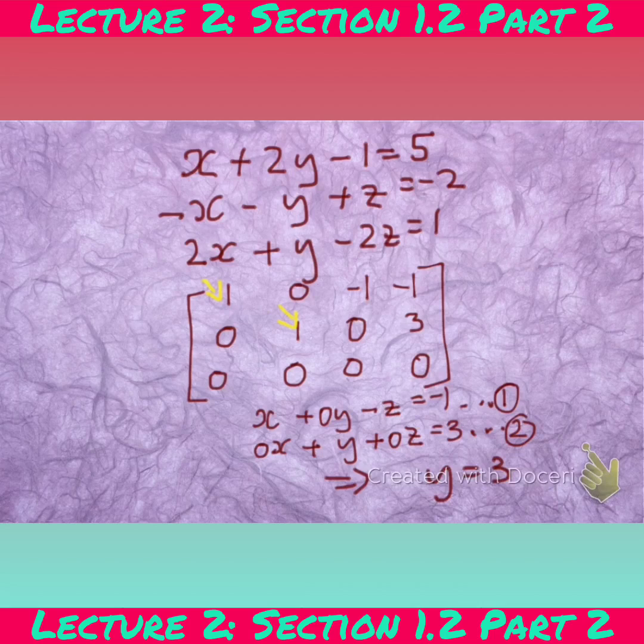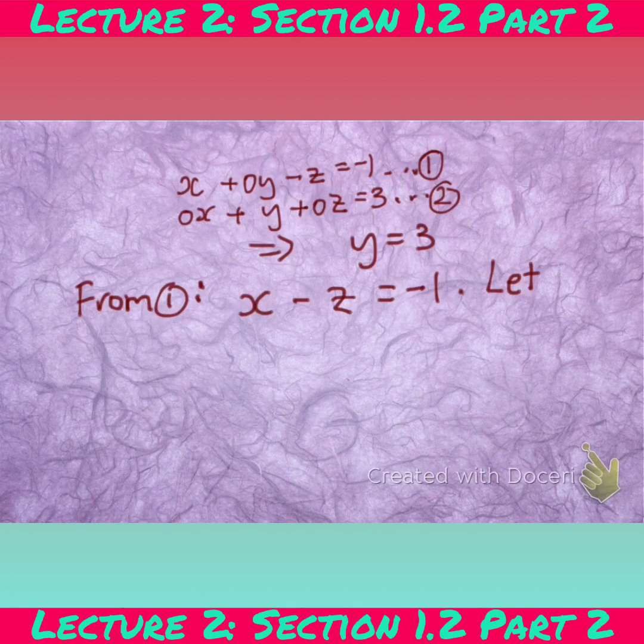With a free variable, we always assign a parameter, and then we solve the remaining variables in terms of that parameter, or parameters, depending on how many free variables you have in your system. So going back here, z in this case is my free variable. So we can let z be a parameter t, which is a real number.